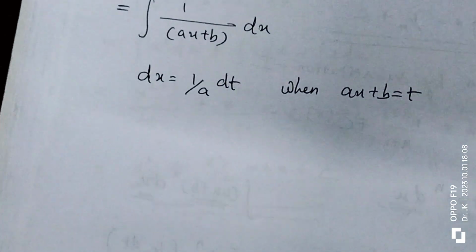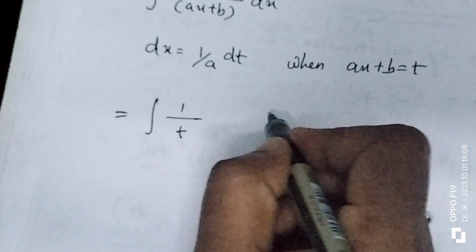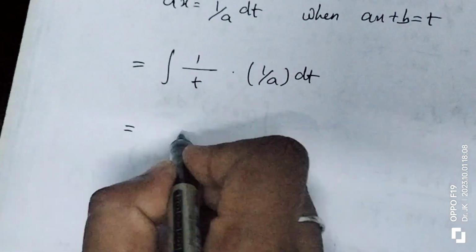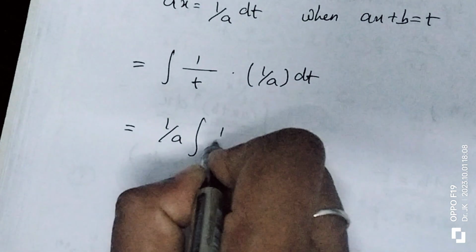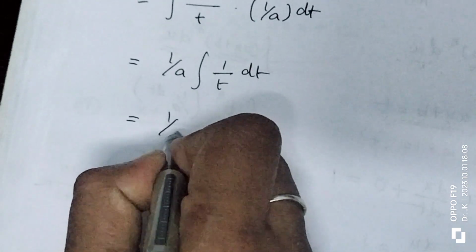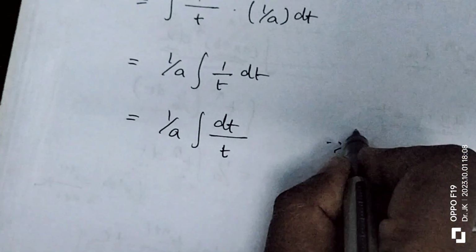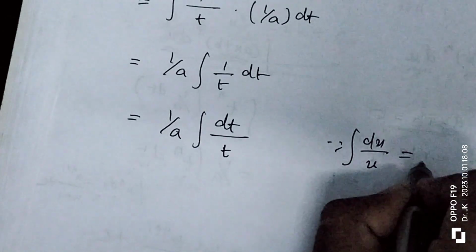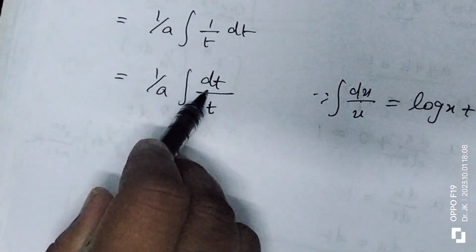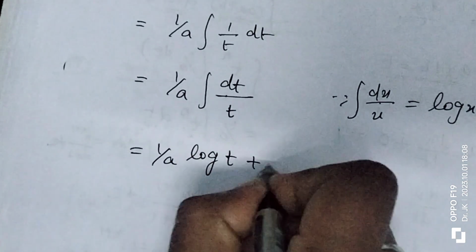So we can write 1 by t, and instead of dx, 1 by a into dt. Since 1 by a is a constant, we get 1 by a into the integral of 1 by t into dt. What is dt by t? This is like dx by x. Since the integral of dx by x is log x plus c, here we have t instead of x. So that is 1 by a into log t plus c.